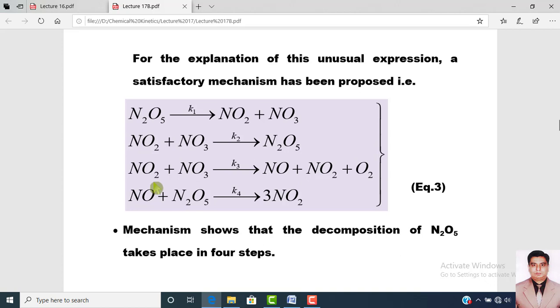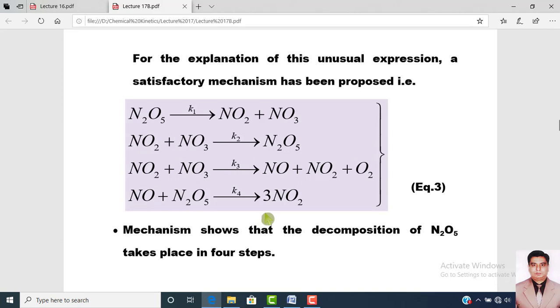In the third step, NO2 and NO3 under rate constant K3 react with each other and produce nitric oxide, nitrogen dioxide and oxygen, and under rate constant K4 this nitric oxide reacts with dinitrogen pentoxide, so it produces 3 moles of NO2.